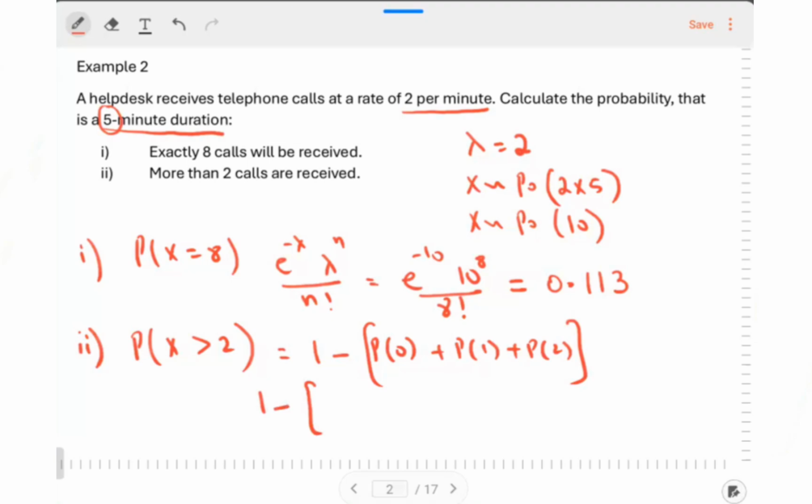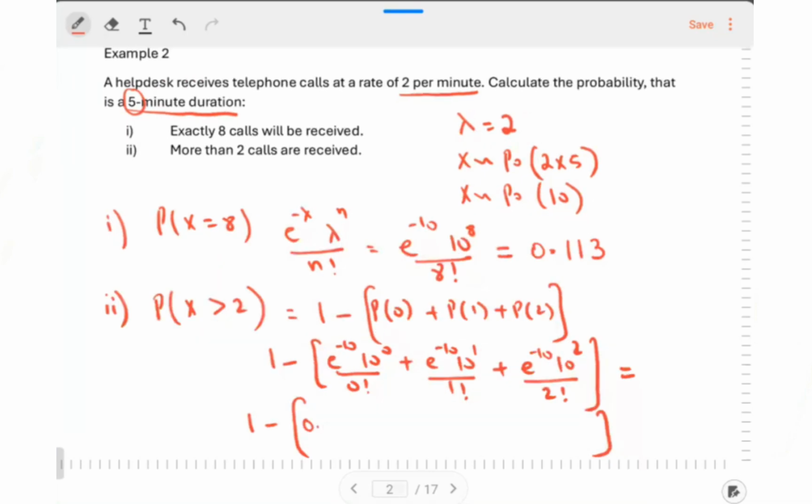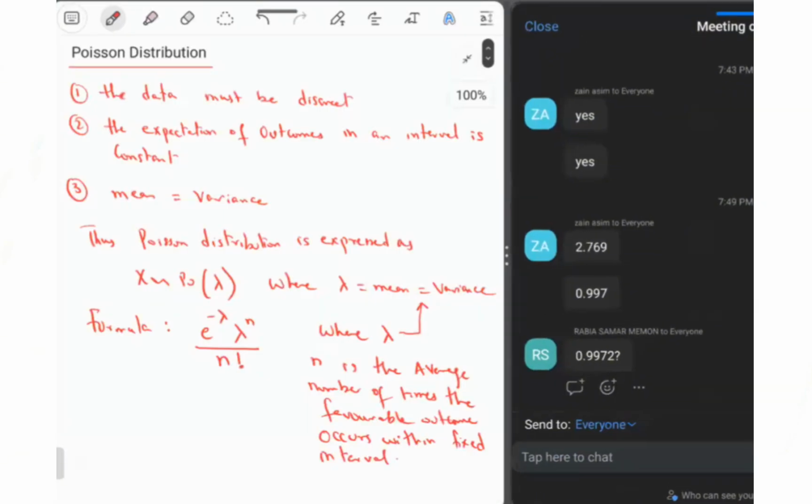So 1 minus e to the minus 10, 10 power 0 over 0 factorial plus e to the minus 10, 10 power 1 over 1 factorial plus e to the minus 10, 10 power 2 over 2 factorial. That is 1 minus 0.0000454 plus 0.000454 plus 0.00227, which gives 0.997.